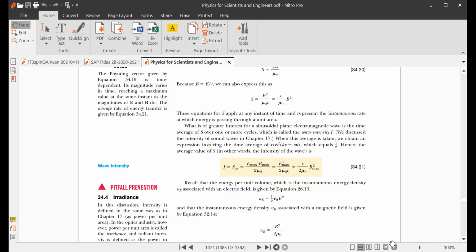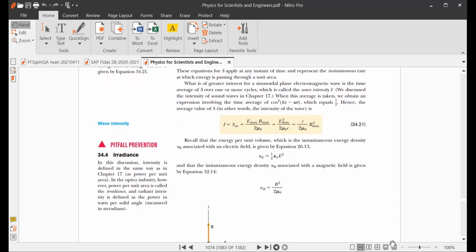Basically, it is related to power over an area, not energy. Is there any question here again? If not, I continue.